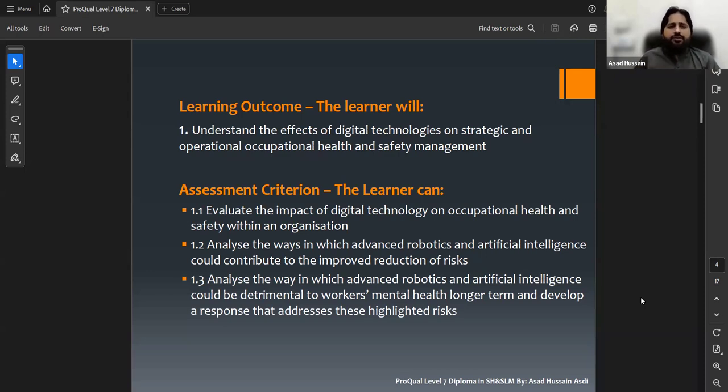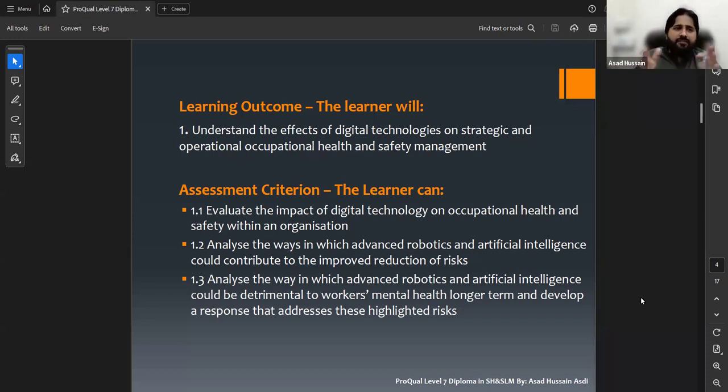So here we will use the word digital technologies, even this is in the title of this third unit of this diploma program. What we understand normally with digital technologies, what digital technologies we are normally using here in occupational health and safety, these are basically real time communications. These are IoT, internet of things.